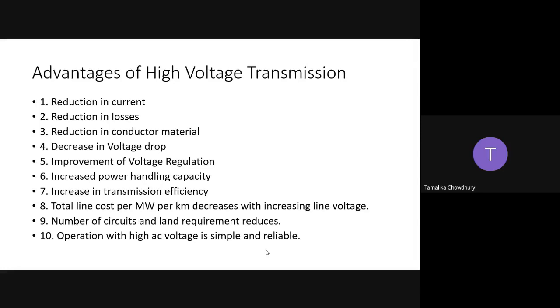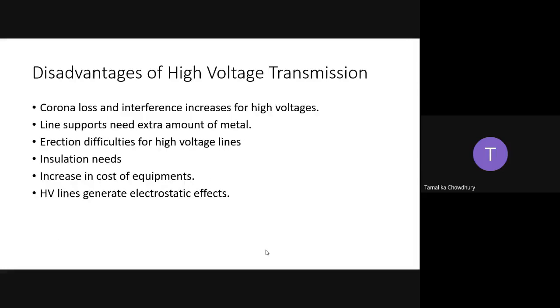The advantages were reduction in copper loss, decrease in the cross section of the conductor, reduction in the volume of conductor material, improved voltage drop and voltage regulation, increase in transmission efficiency, and reduced cost of power transmission over long distances. Disadvantages were corona loss, radio interference, line supports needing to be stronger, and insulation being required.